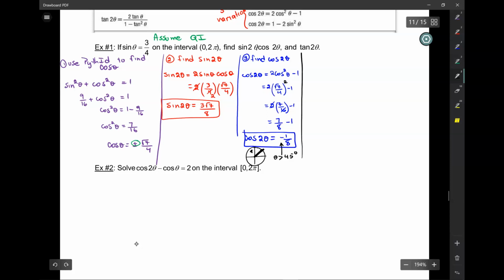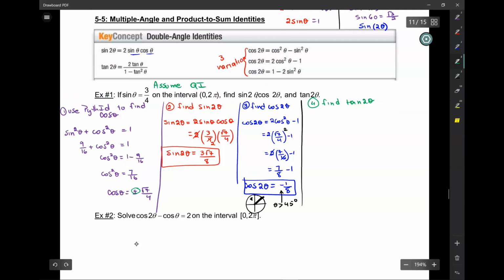All right, so third, we have to find tangent 2 theta. Just like quadrants. Now, how am I going to find tangent 2 theta? There is an identity here.